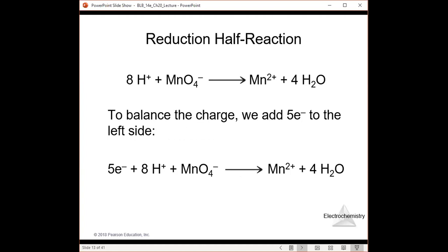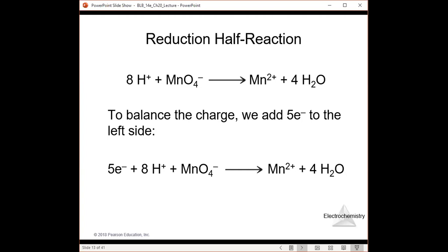So to balance the charge, you got to add the 5 electrons to the left-hand side. Because see, what has been thrown in the mix is, oh, now we got these charges, we got to put these electrons in there. So those electrons, you have to show those electrons are being moved around. And the reason why we're doing this is because we're dealing with electrochemistry, electrons.